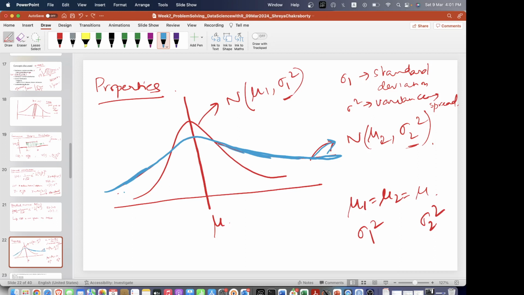This is a representation of sigma2, whereas sigma1 is measuring the spread from here to here. In some sense, the spread is being represented by sigma1. So here the spread is less, it's less dispersed. For this blue one, the values are more dispersed.